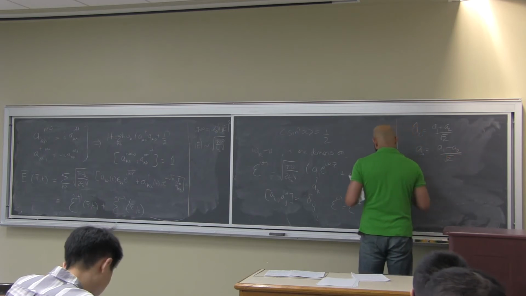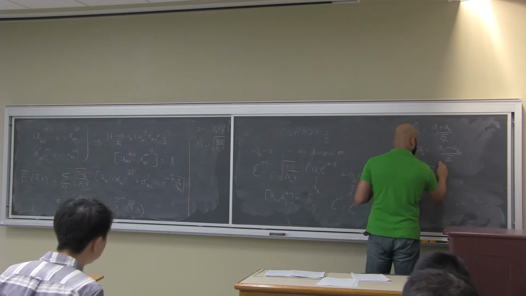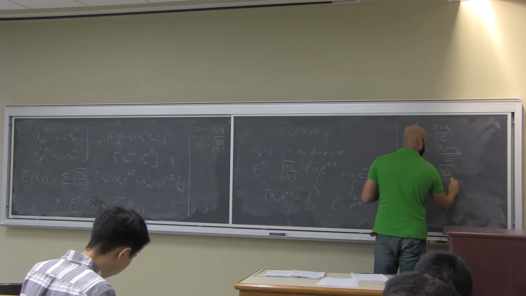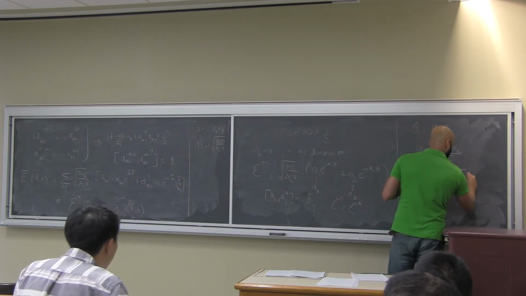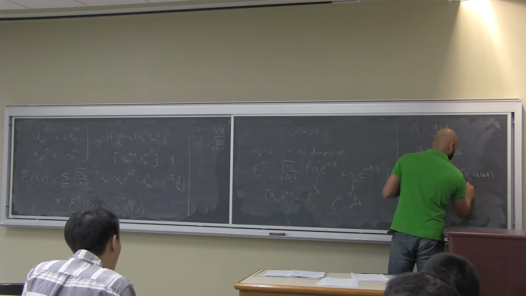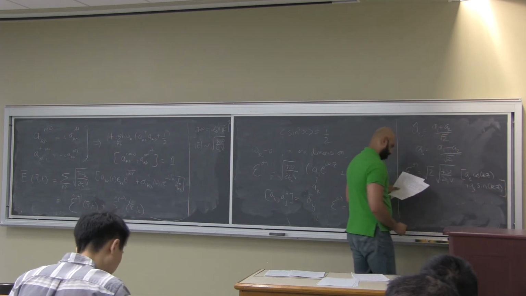So if I substitute that over there, I get E plus is equal to square root of 2 h bar nu over 2 epsilon naught V times A_C cosine of kz plus A_S sine of kz.